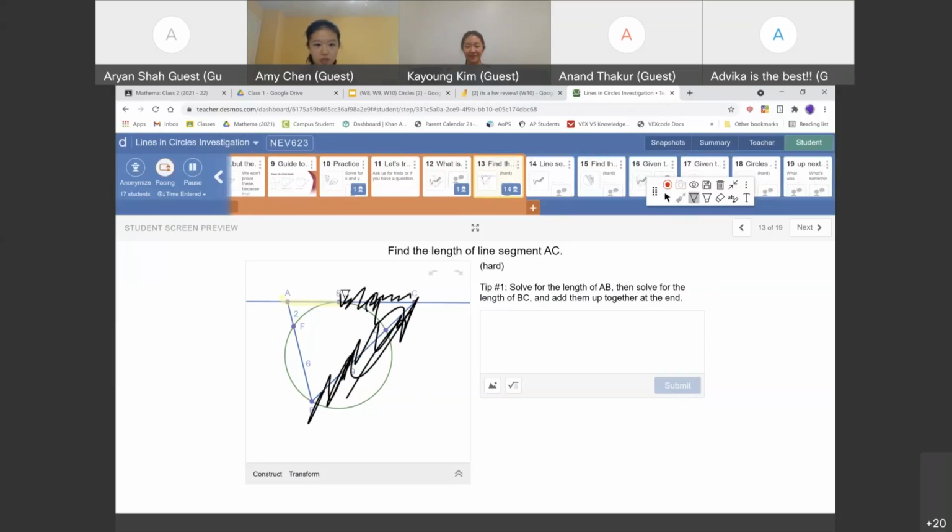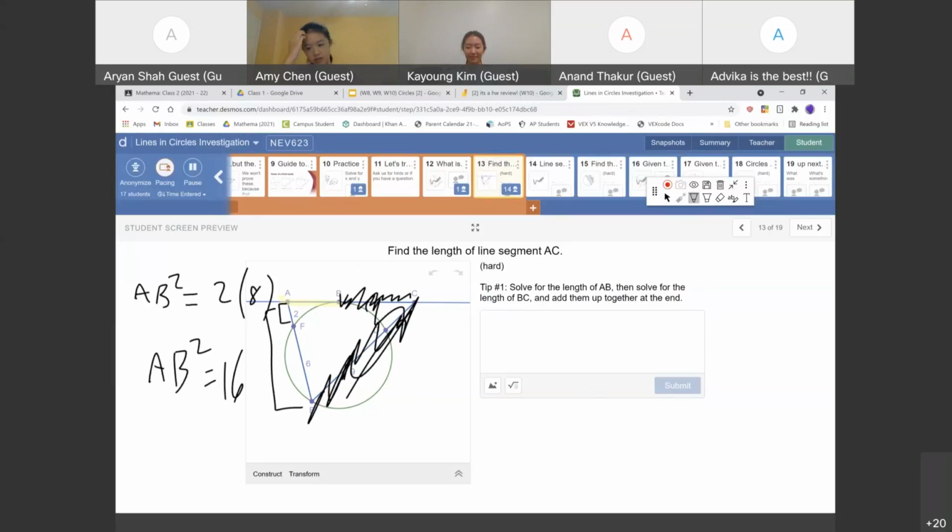Since AB is one line segment touching the circle, and AE intersects the circle, AB squared equals 2 times 2 plus 6, so that's 8. So AB squared equals 16.